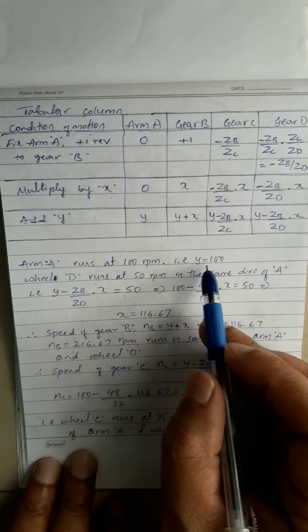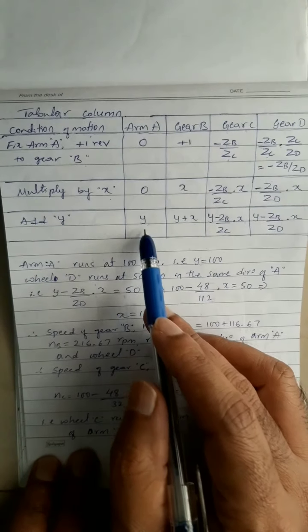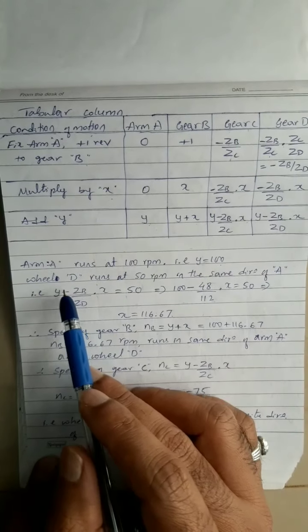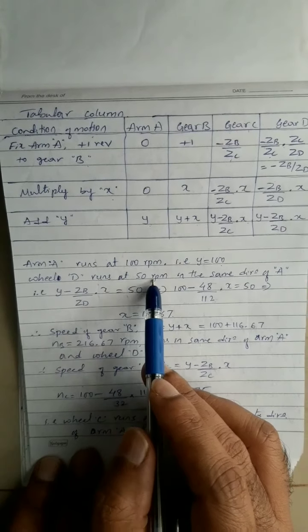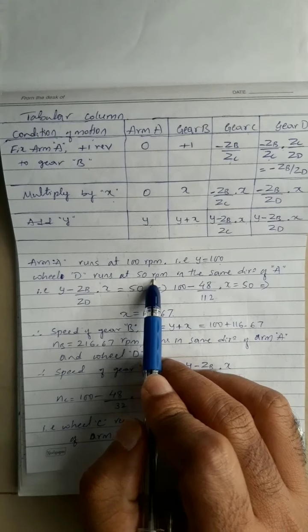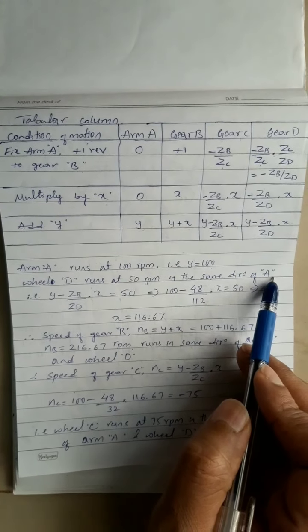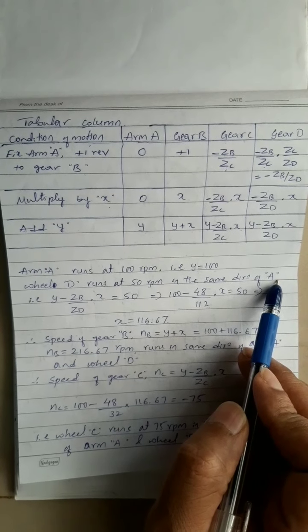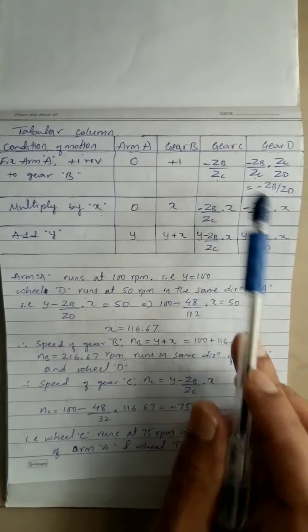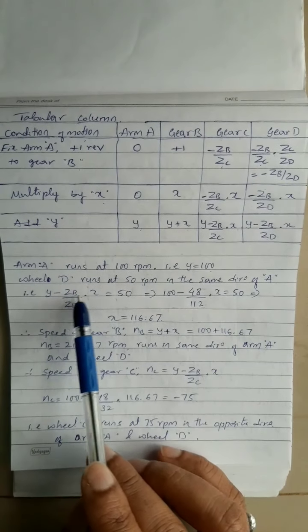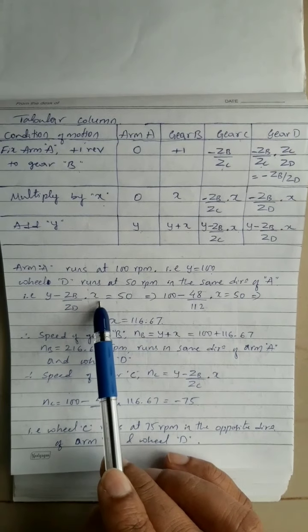For arm A we have y, so y is equal to 100, and wheel D runs at 50 rpm, which is also given in the question, and it runs in the same direction as A.